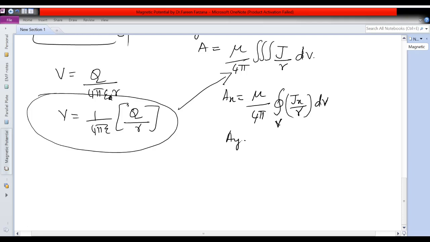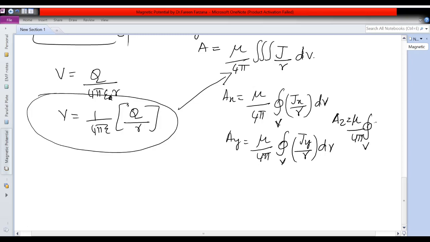Similarly, Ay will be equal to mu by 4 pi integral over V Jy by R into dV. And Az is equal to mu by 4 pi integral over V Jz by R into dV. So this is the derivation for your magnetic vector potential.